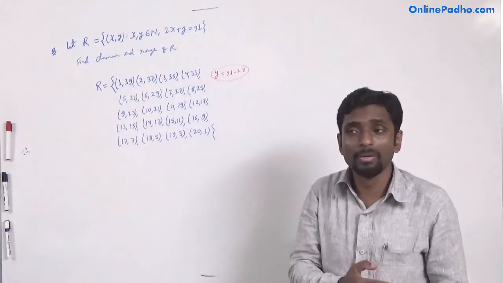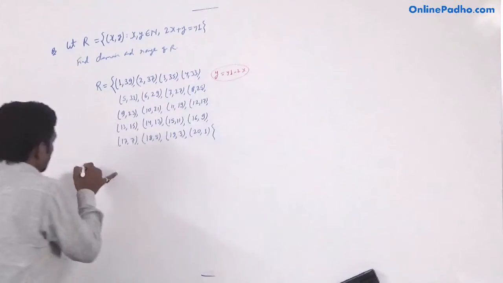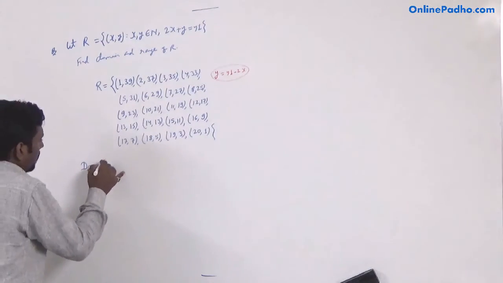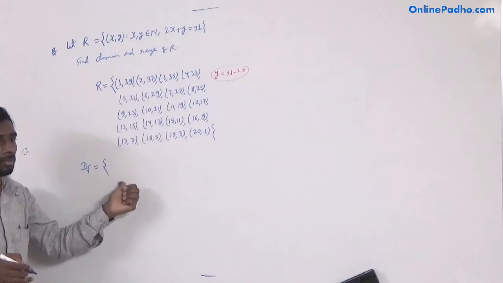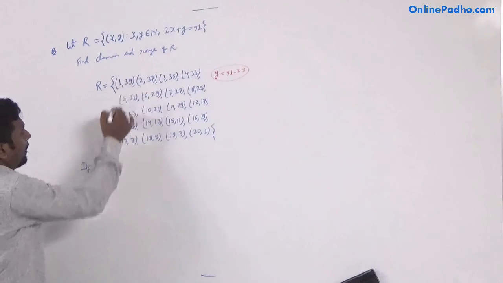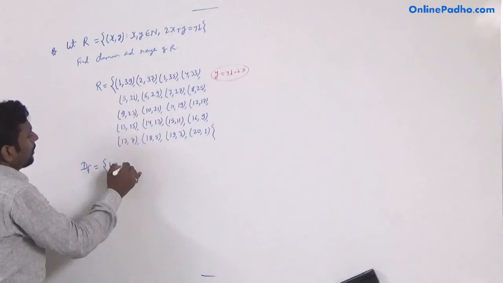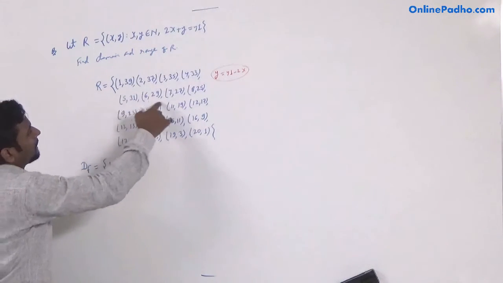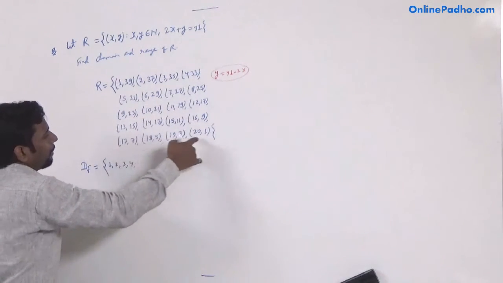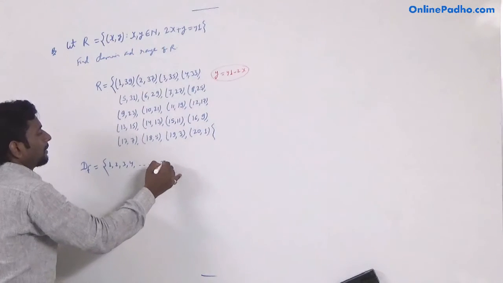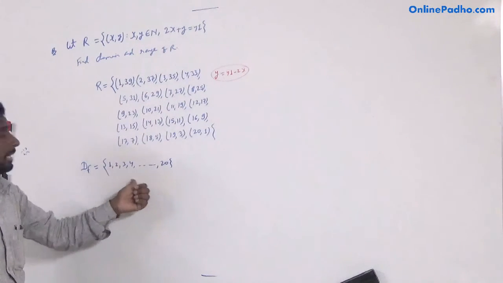Now we have to find domain and range first. How can you find the domain? The set of the first element of each ordered pair, that is called the domain. So what are the first elements? 1, 2, 3, 4, 5, 6, up to 20. This is the domain of this relation.